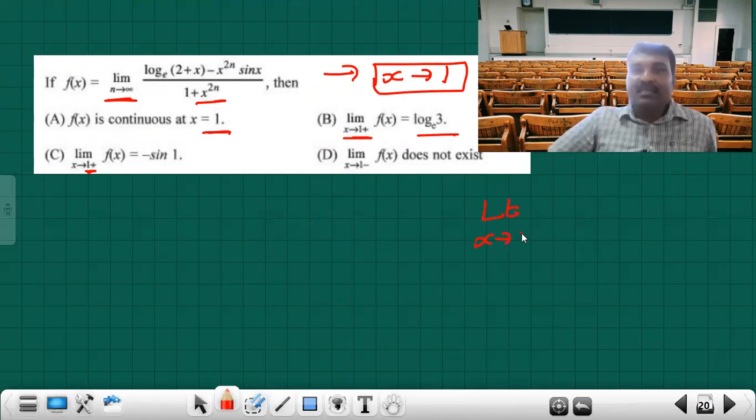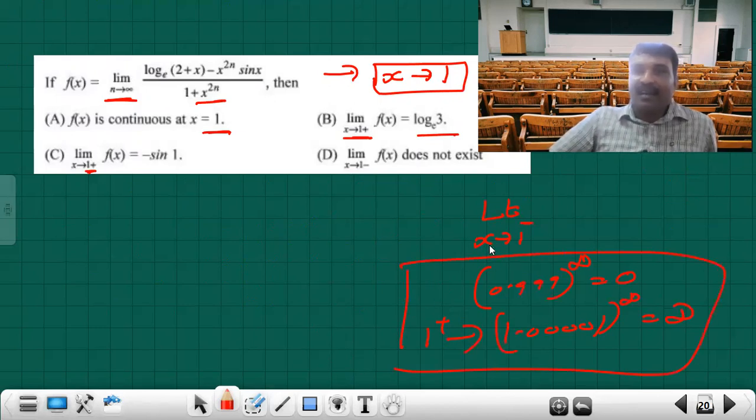Limit x tending towards 1 minus, that is the left hand side, for example 0.9999, raised to infinity is equal to 0, and we know 1.00001, this is 1 plus, that is 1 plus raised to infinity, that is infinity. We are going to use this concept, right? So we can write limit x tends to 1 minus x raised to 2n is equal to 0.